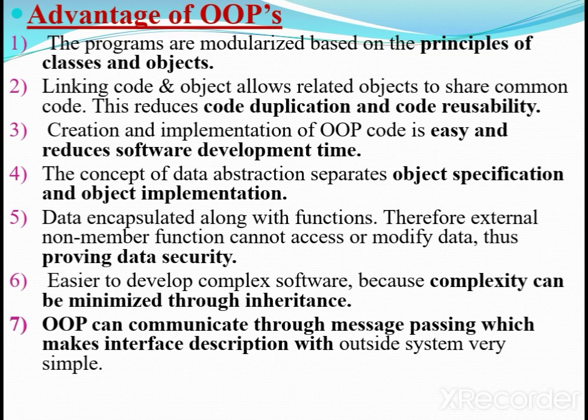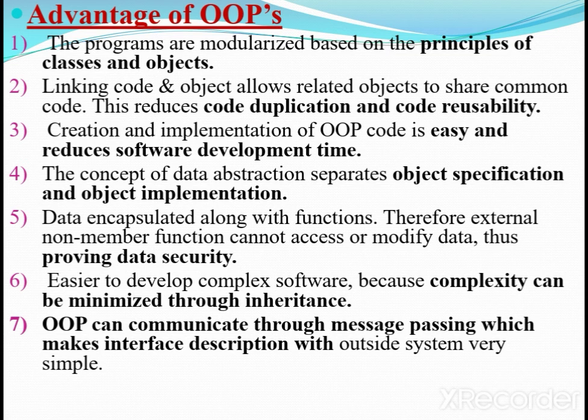And the concept of data abstraction separates object specification and object implementation. Next, data is encapsulated along with the functions. Therefore, external non-member functions cannot access or modify data, thus providing data security.